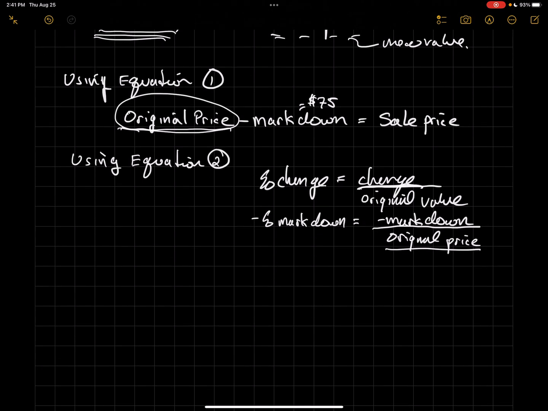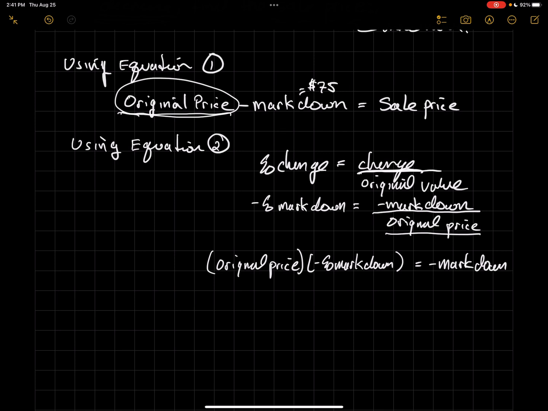Well, if I multiply original price by both sides of the equation, I eliminate it on this side, and so I then get original price times negative percent markdown is equal to negative markdown. And then if I divide both sides of the equation by percent markdown, I get original price by itself.